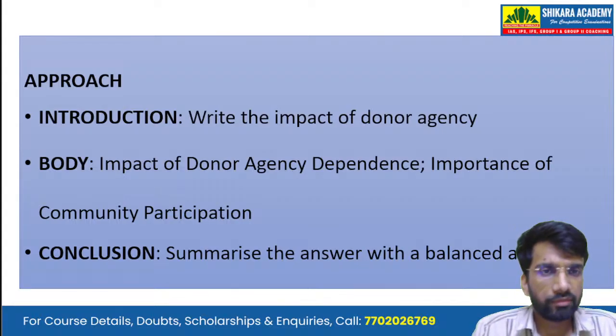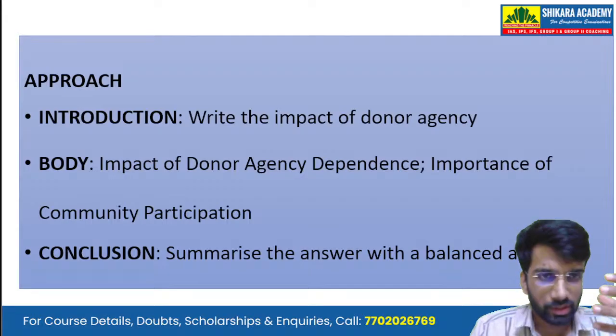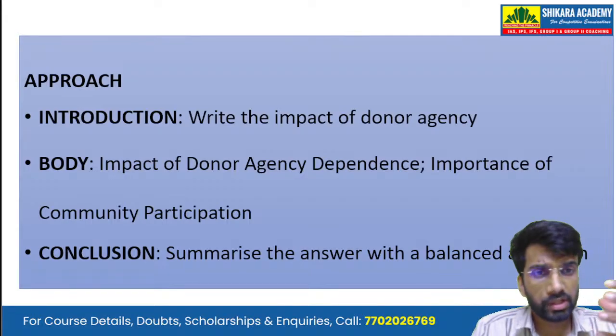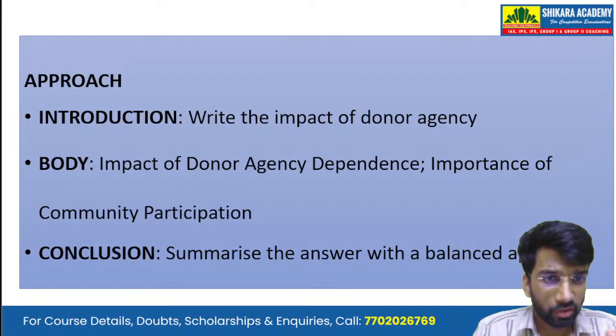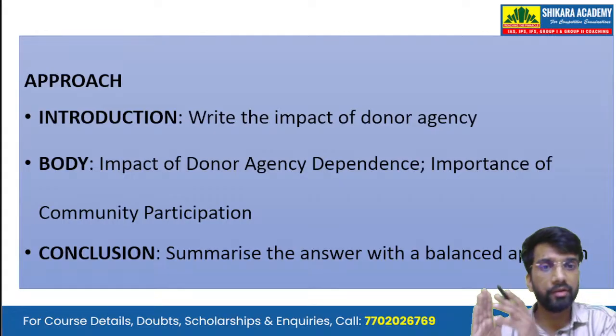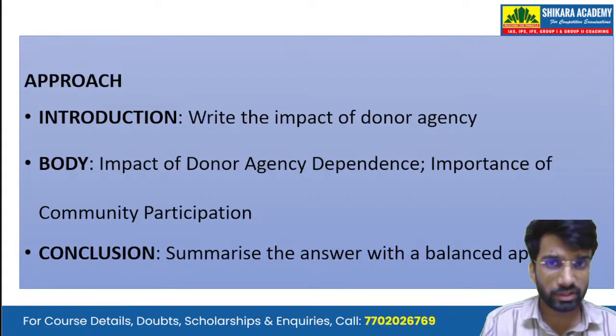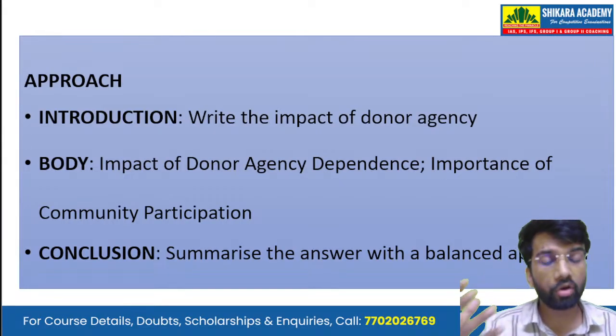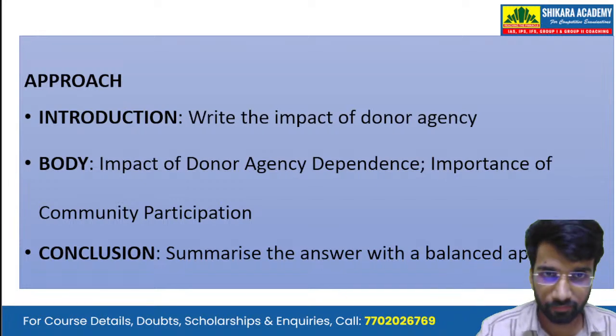So the approach that we'll take in answering such a question is that in the introduction we write about the donor agencies and what impact they create. Then in the body, we address the demand of the question by writing the impact of donor agency dependence: if we become dependent on these donor agencies, what positive or negative impact it will have.